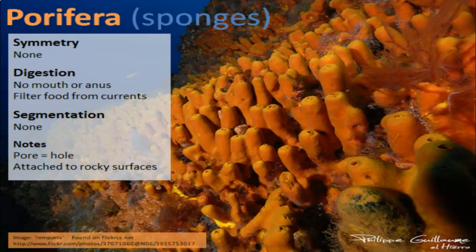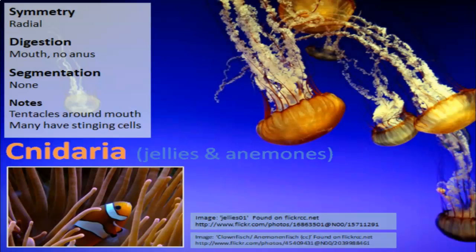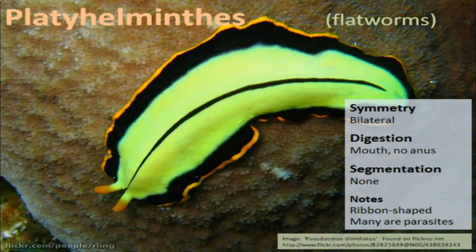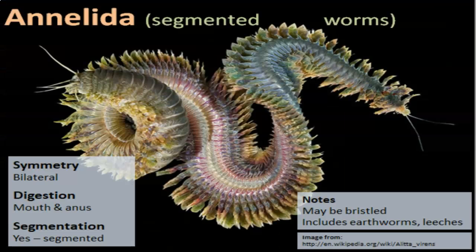Again, we have these pictures and it has a lot of information on it. So I would suggest pausing and writing stuff down, or taking a minute on your own, I'm not going to read all this to you. Cnidaria, so again, jellyfish, anemones, Platyhelminthes, flatworms, Annelida, segmented worms.